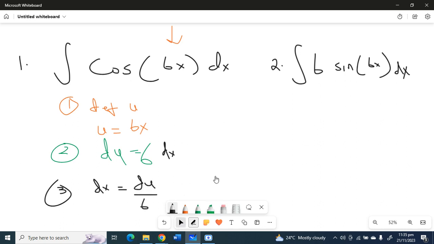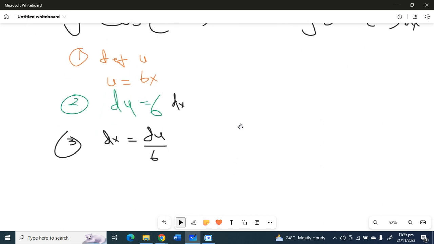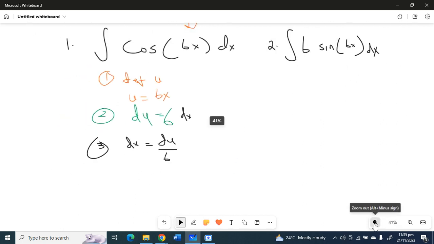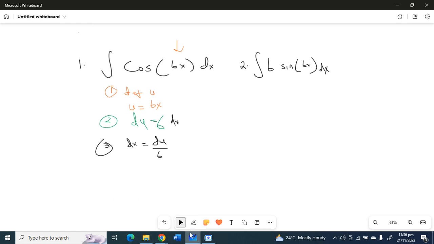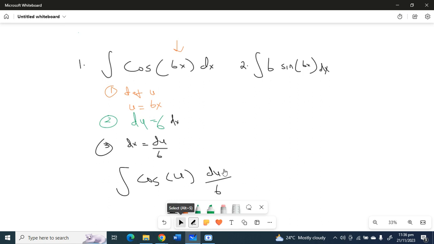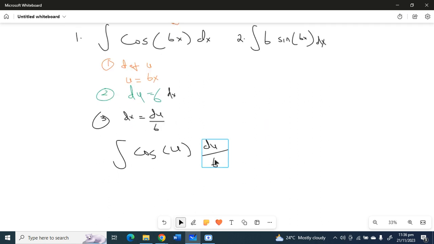All right. Now we can replace everything. So we have the integral of cos u. We replace 6x with u, and then dx we replace with du over 6. As I said earlier on, we need the du by itself.